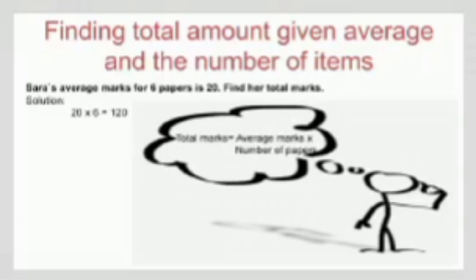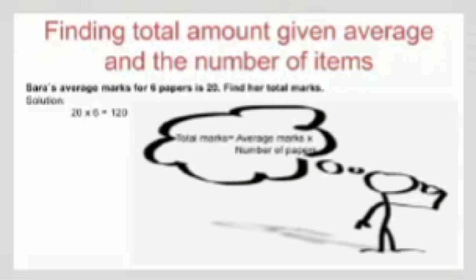Now, what I have to do is multiply her average marks by the number of papers to get the total marks. So, when I multiply the average mark 20 by 6 papers, I get 120 whole marks.